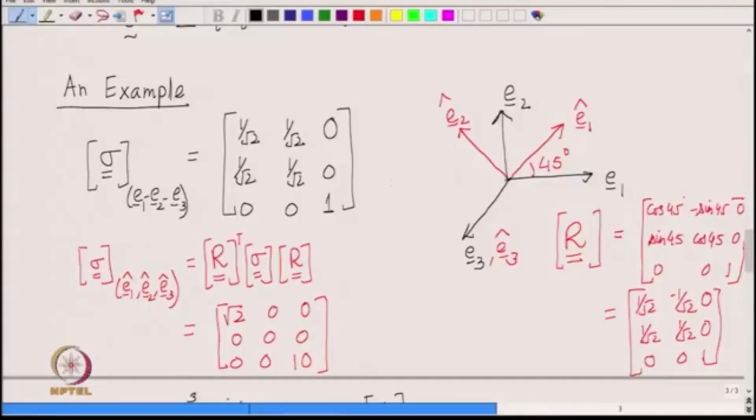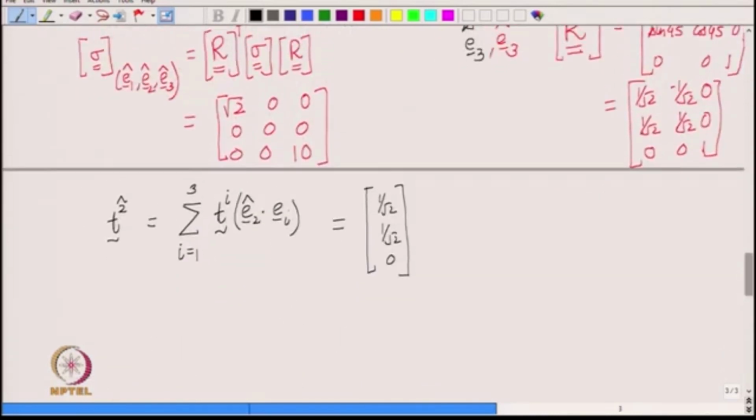You can also look at it from this picture, E 2 hat dot E 1, the angle between them is 135 degrees, and you work it out, cos of 135 degree, that is minus 1 by root 2. So, here we get multiplied with minus 1 by root 2 plus T 2.